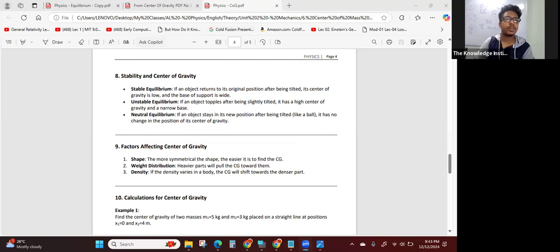You can write a topic, states of equilibrium. The first one is stable equilibrium.